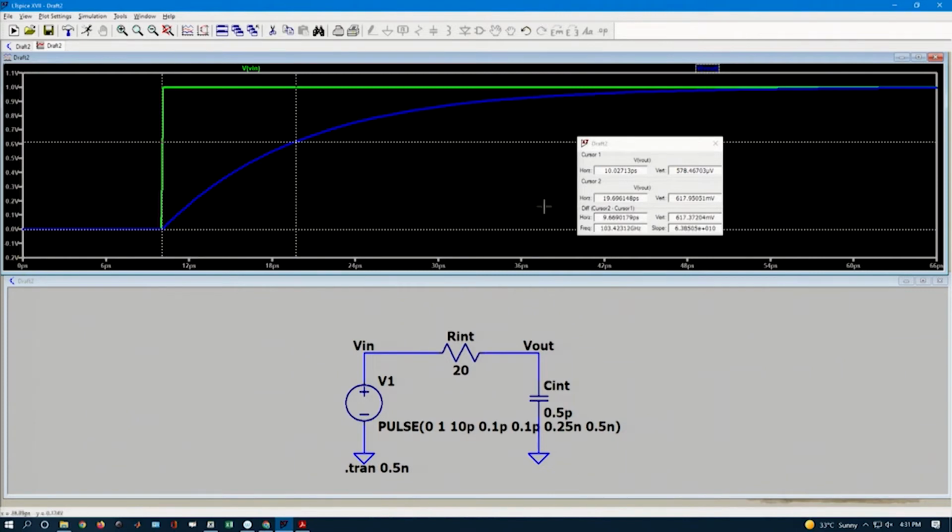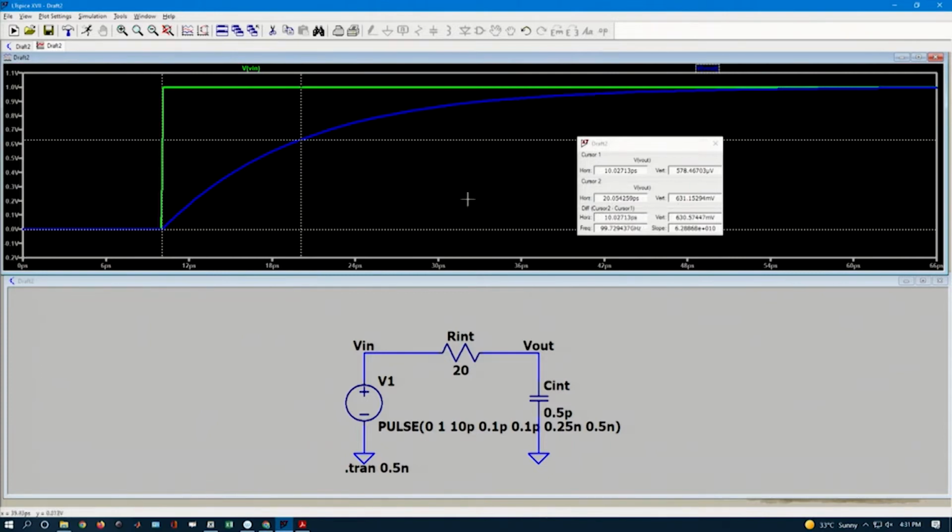If I bring this, the second cursor I am moving, vertically to close to 0.63, I can see that cursor 2 minus cursor 1 comes out to be around 10 picoseconds. Right.